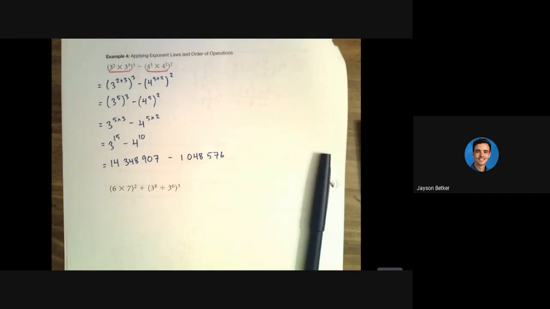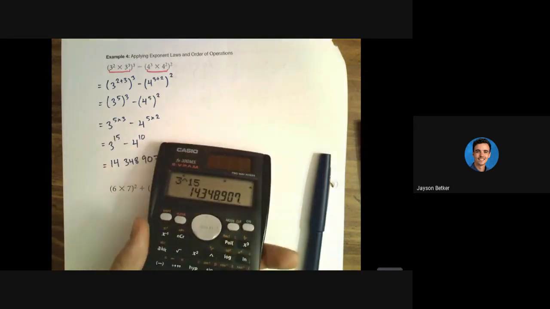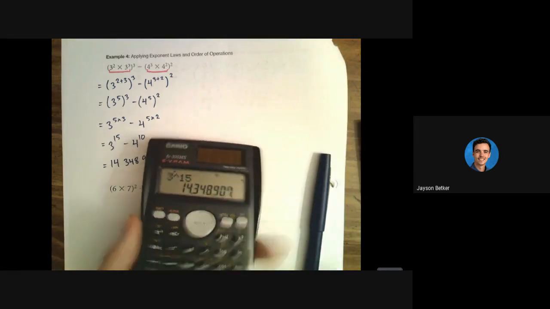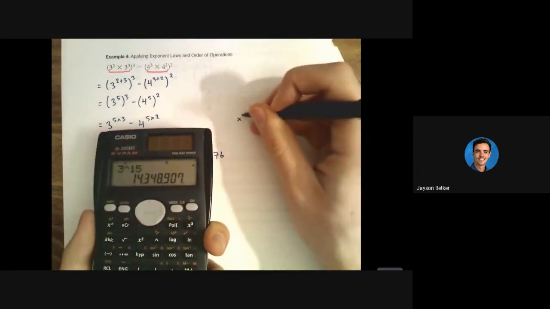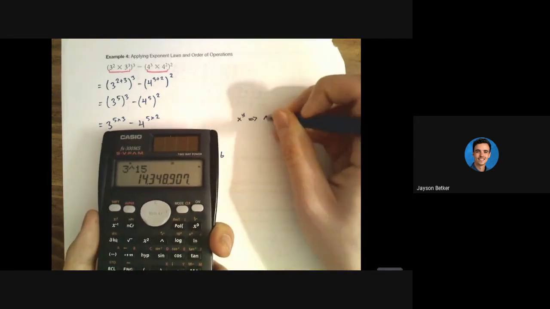Reminder, you need to be able to plug these into your calculator. You do 3, and then you find this little arrow right there, to the 15. Boom. That should give you 14,348,907. Some of you will have a button that looks like this. That means the same thing as my button that looks like that.